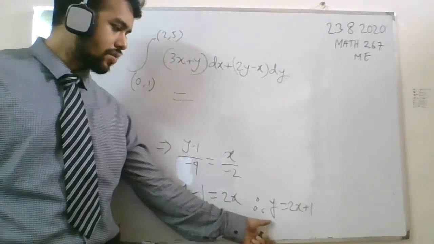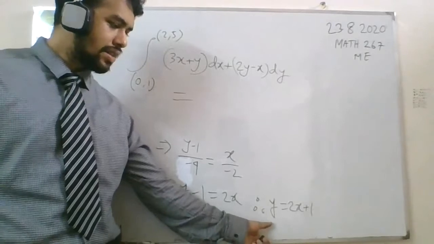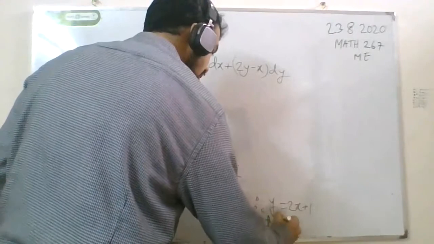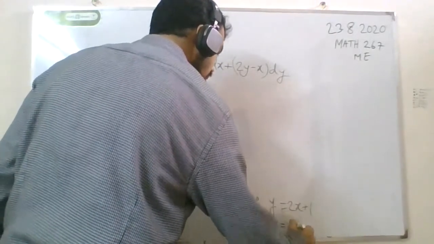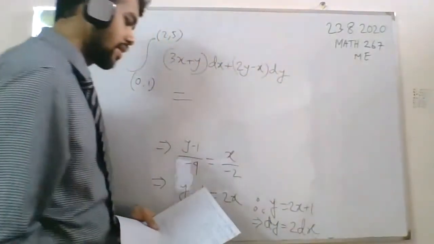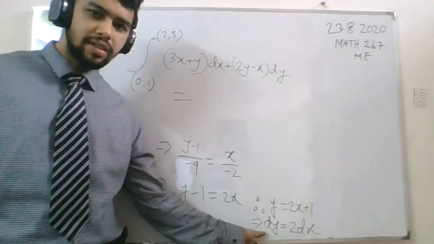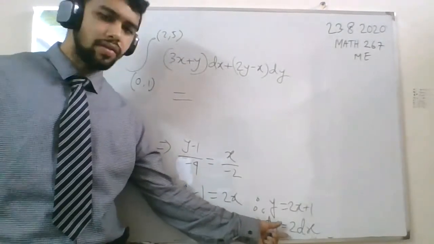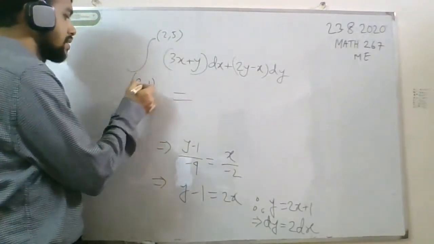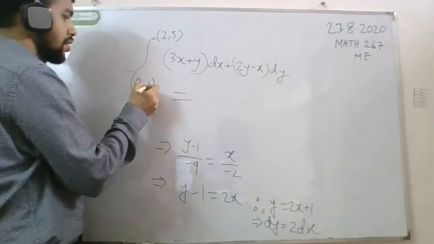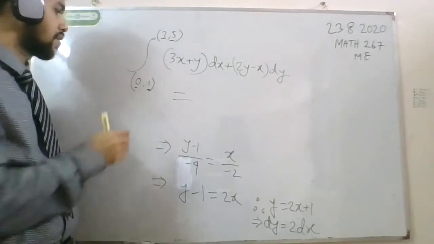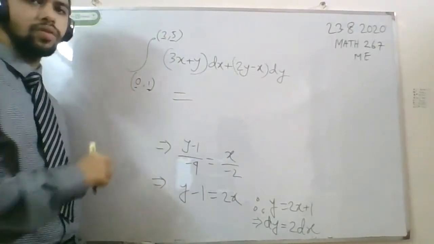So easily you can also say that the derivative of this equation will be dy equals 2 dx. Okay. So if you differentiate it, you can get dy equals 2 dx. Now just take a look here. Here this is the x limit and here is the y limit, which is 1 to 5, and also the x limit is 0 to 2.